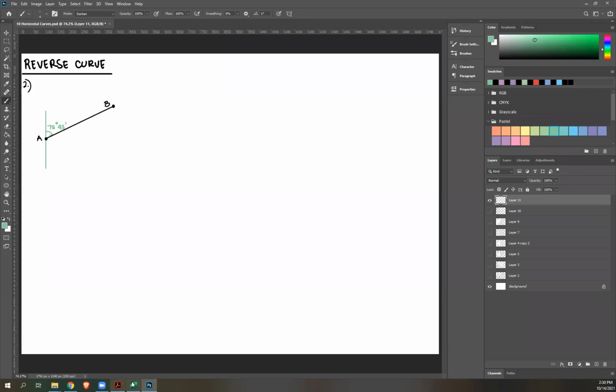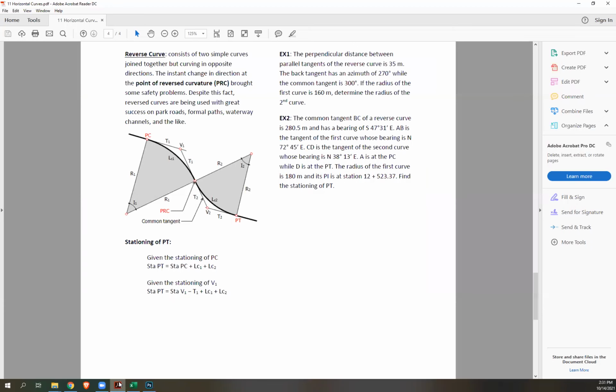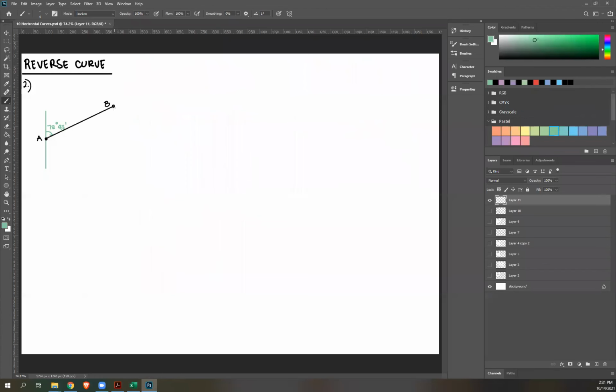And then we have the bearing of BC as well, which is the common tangent BC, bearing south 47°31'. So from the south line, 47. So kind of like that. And draw a line to that. So 47°31'.